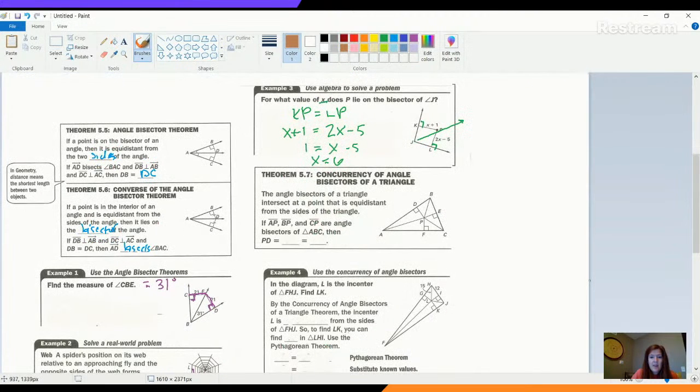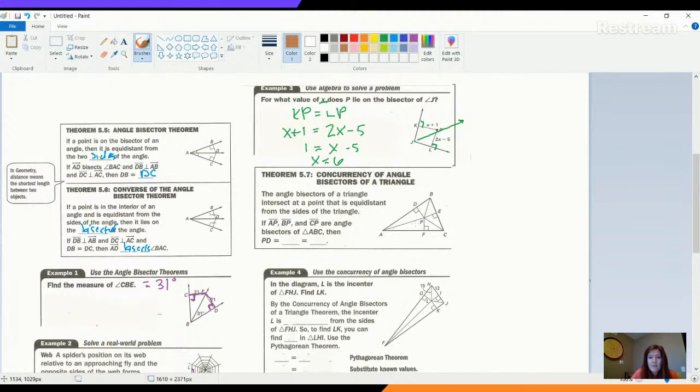And of course, we have a theorem for that. That's theorem 5.7. It's called the concurrency of angle bisectors of a triangle. So that's what we just talked about. The angle bisectors of a triangle intersect at a point that is equidistant from the sides of the triangle.